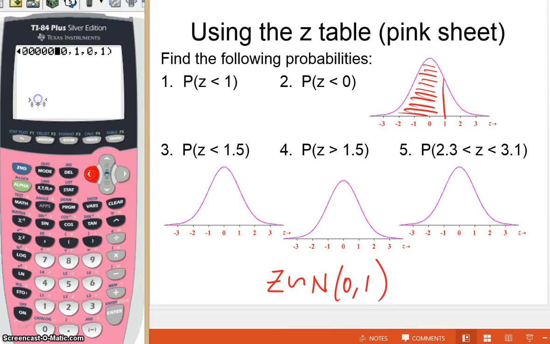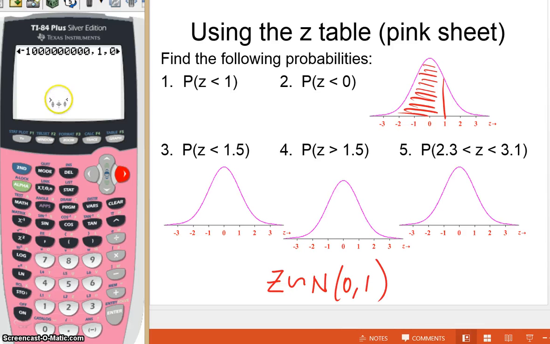Now, if you don't have the current operating system, you'll just get this normal CDF with parentheses, and you're going to type in just what we did. The lower bound is negative infinity, so -1 and a bunch of zeros. I hit way too many here; that many is not necessary. Comma 1.